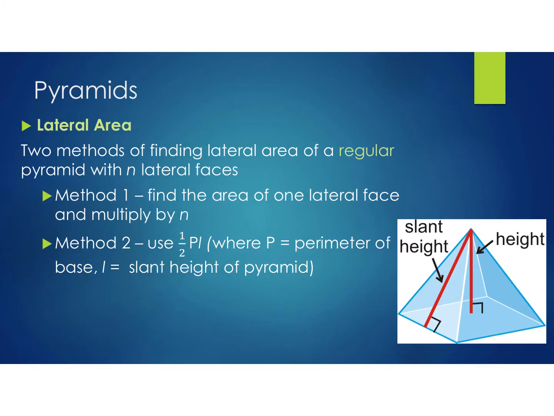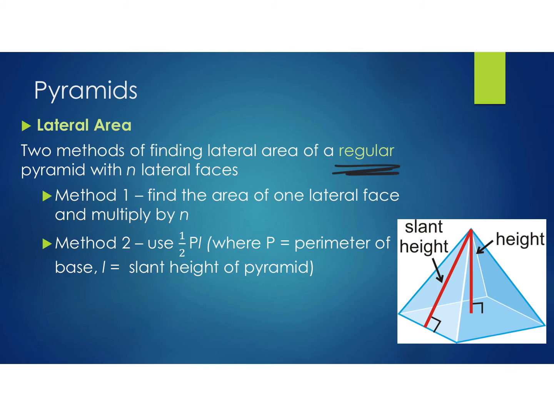Now we have pyramids. So again, 2 methods to find the lateral area. Now, when it's a pyramid, these lateral faces are going to be triangles. Now, these formulas that are here only work when it's a regular pyramid.